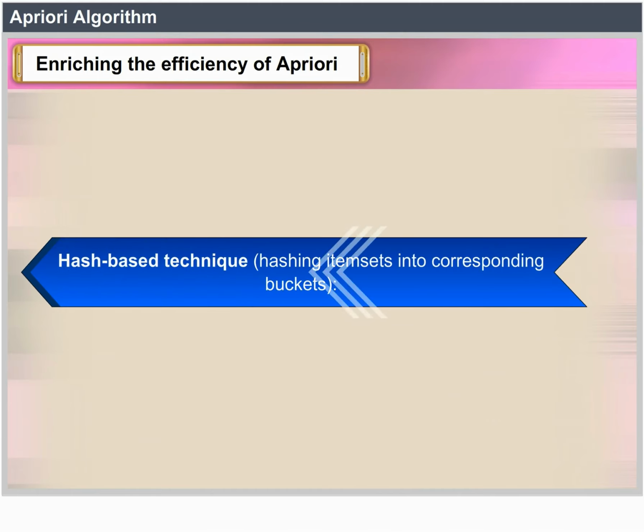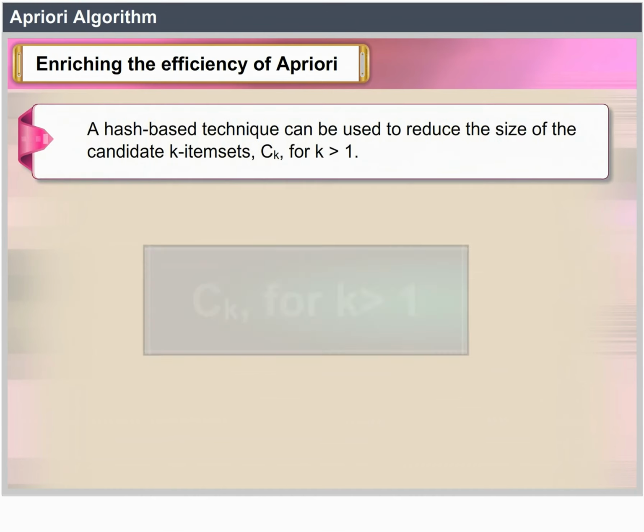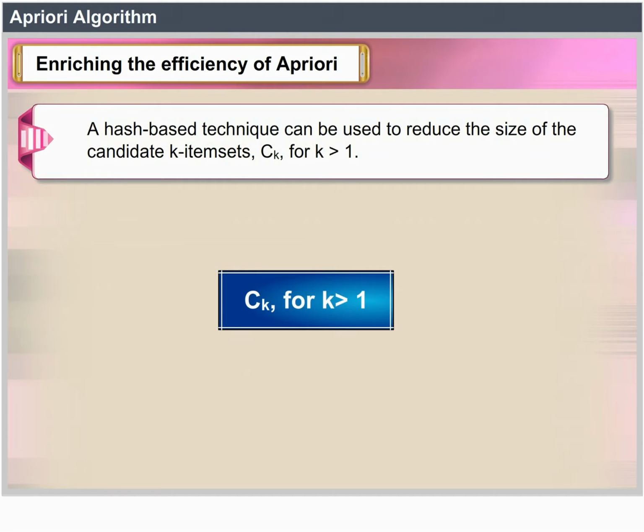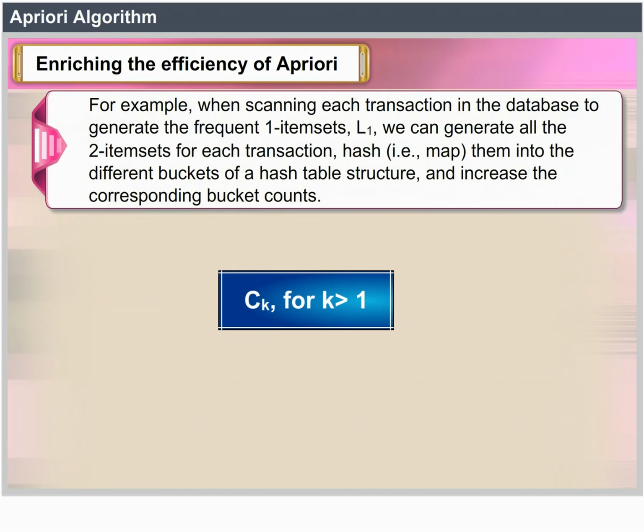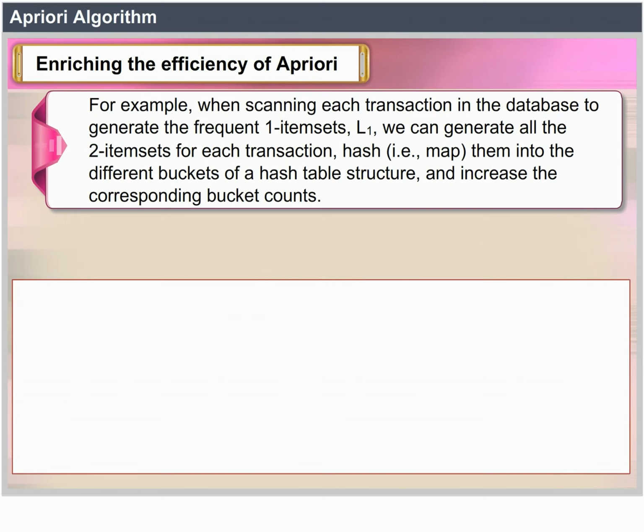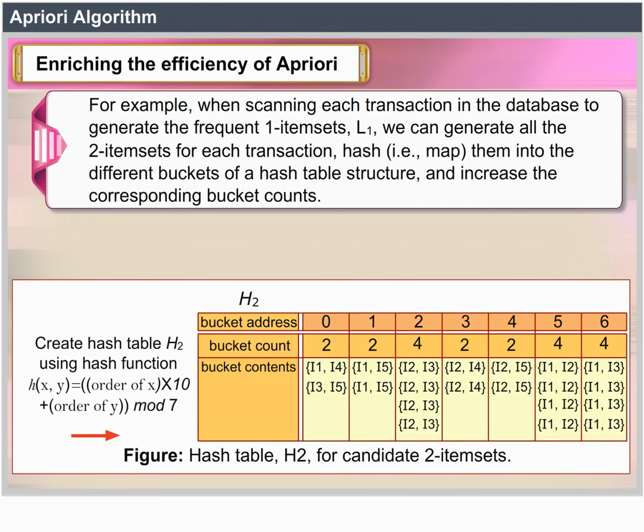Hash-based technique: hashing item sets into corresponding buckets. A hash-based technique can be used to reduce the size of the candidate k-item sets, Ck, for k greater than 1. For example, when scanning each transaction in the database to generate the frequent 1-item sets L1, we can generate all the 2-item sets for each transaction and hash them. That is, map them into different buckets of a hash table structure and increase the corresponding bucket counts.